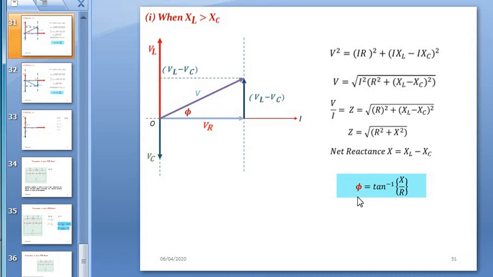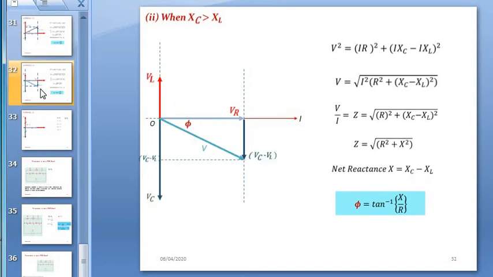The phase angle phi is equal to tan inverse of reactive component divided by resistance. For the first case, when XL is greater than XC, X is equal to XL minus XC, subtracting the smaller term from the higher term.